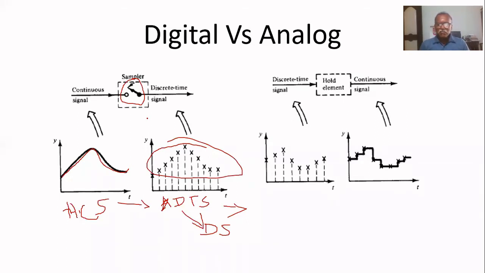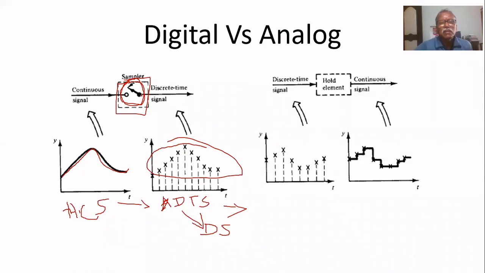Therefore, the sampler will sample that particular instant and retain that value till the conversion is over. So the sampler circuit will sample and retain.